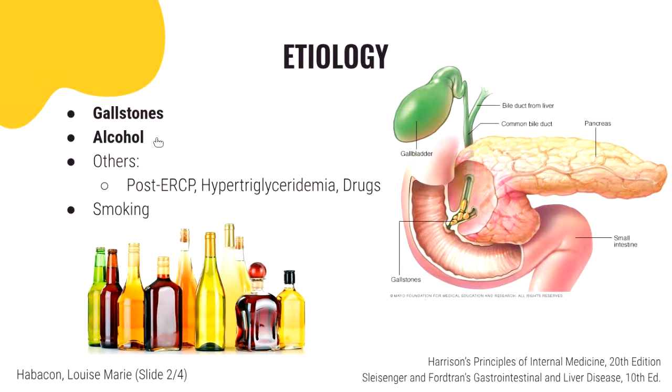Alcohol, on the other hand, is toxic to the acinar cells. Remember that the acinar cells contain the precursor of the digestive enzyme trypsin, which is trypsinogen. Once these acinar cells are destroyed, they release trypsinogen, causing autodigestion.